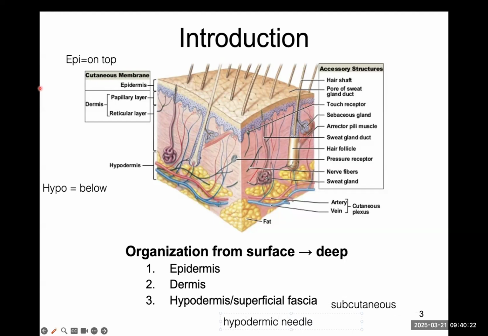Hypo means below the skin. The needle is supposed to inject chemicals into the space below the skin. That's why it's called a hypodermic needle. It pierces your skin and goes deeper in order to inject things. And we're going to talk about all these other things in those layers in a second.